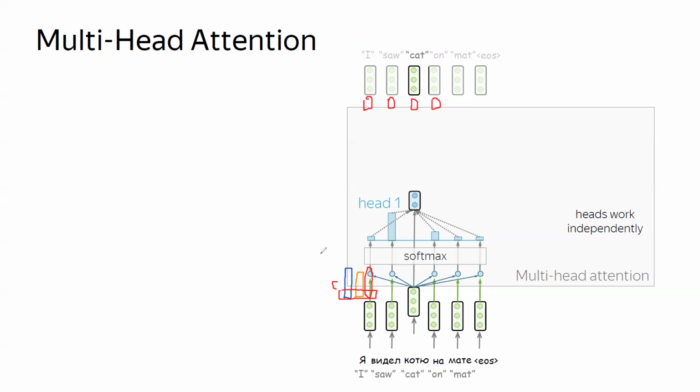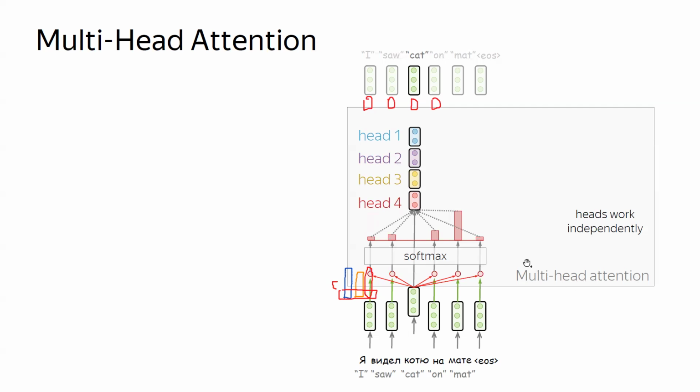So one head corresponds to the self-attention from the first part of your embeddings. Then you can apply self-attention to the second part of the embeddings. It's called head 2, and so on. In the original paper, they had 8 heads. In this example, there are 4 heads.